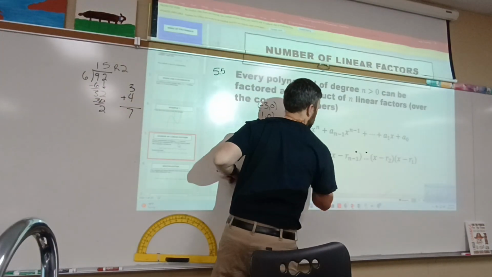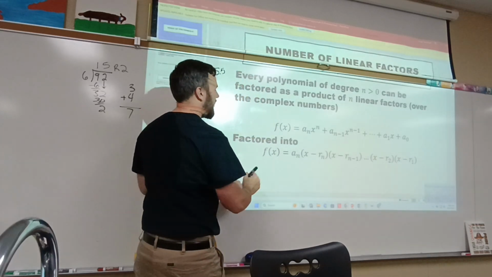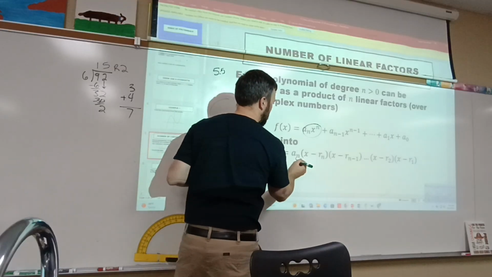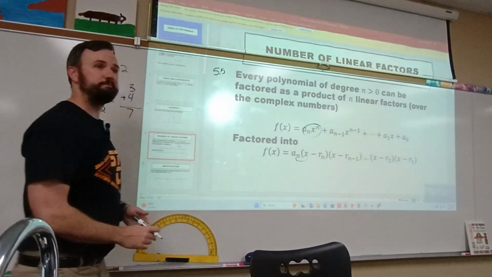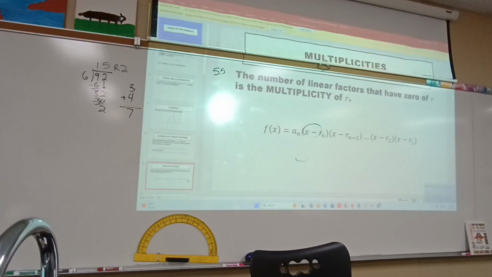So, dude, this definition stuff drives me bonkers sometimes. If I have a polynomial to the power n, it means I can factor into n parts. Okay. That's good stuff. But I've only done one so far.